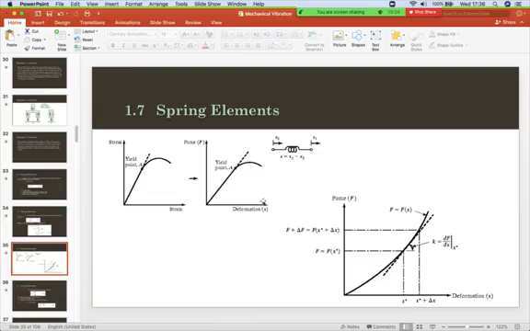And for force F, you can see here the value of the deformation. This is force Fx, but the additional force will be delta F. So this is the additional force increase, so x plus delta x. And this area here will be the integration of kx dx, the derivation.